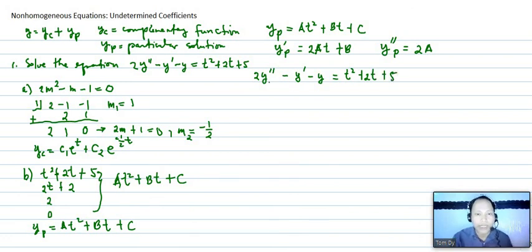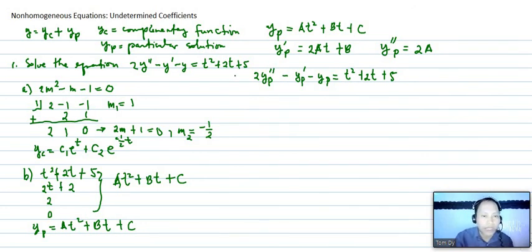But this time, instead of writing y, we will make use of y sub p. Substitute all values of y to y sub p. Then we have here y sub p, and here y sub p. And this time, we will substitute the value of y double prime p.